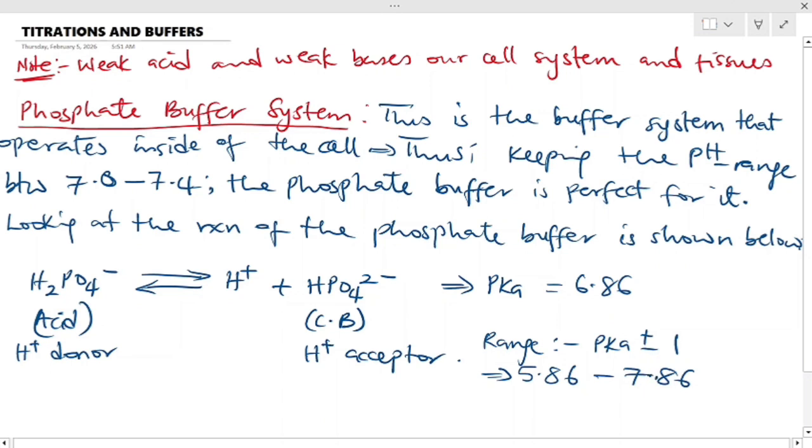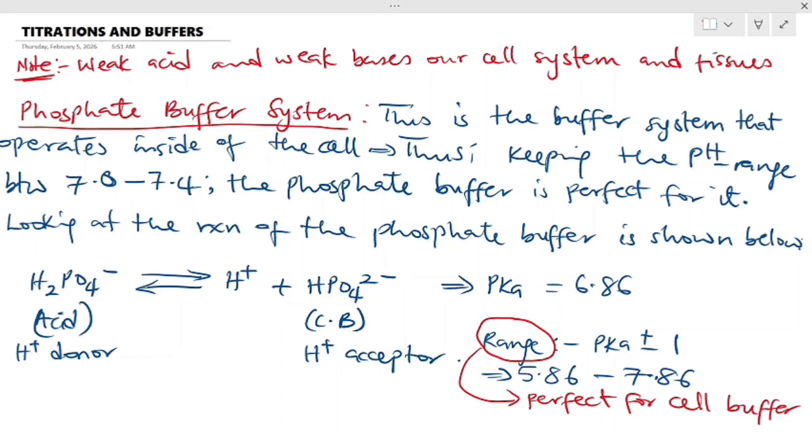This range, as we can see, is perfect for cell buffering. It's perfect for a cell buffer.